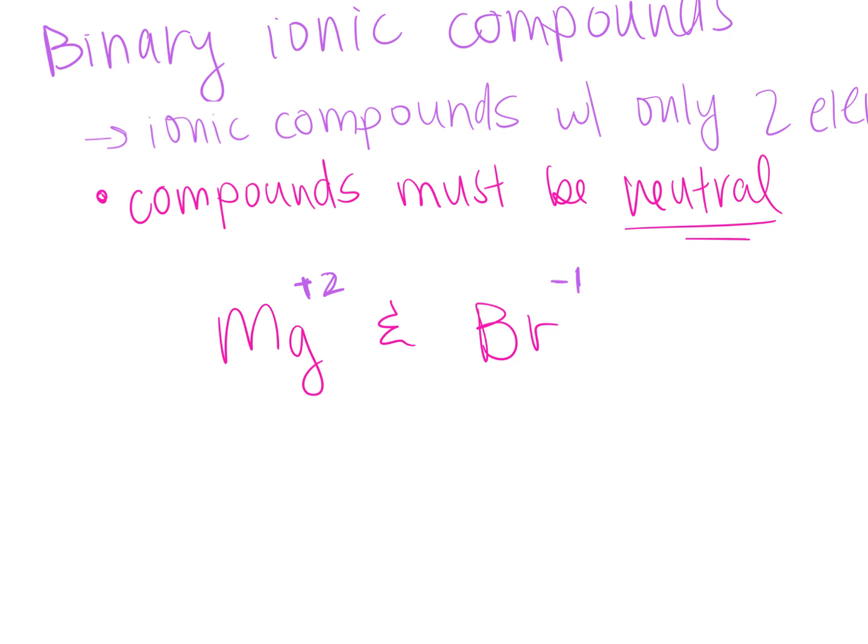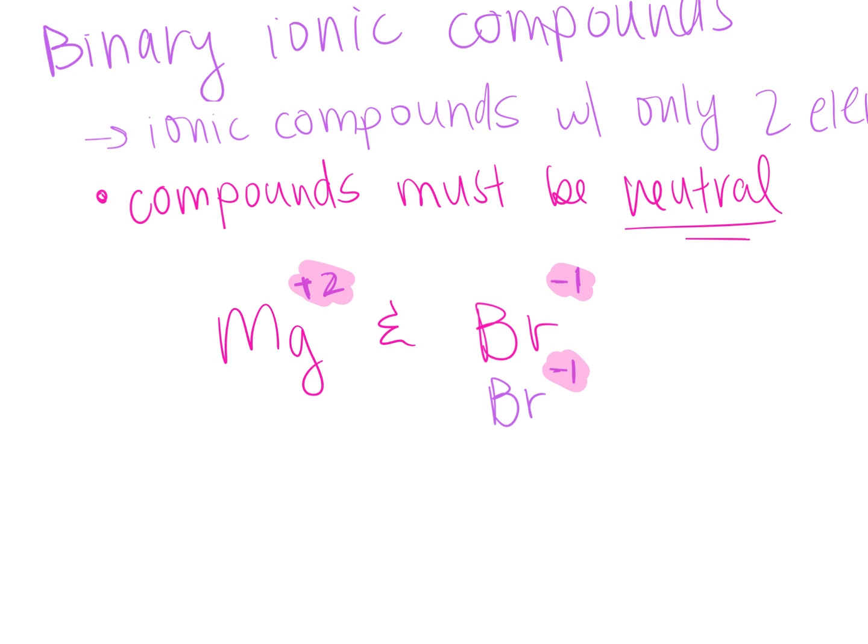And what is the charge for bromine? -1. So if I just fit those together, one magnesium and one bromine, does that give me a neutral charge? No. It doesn't, because +2 and -1 don't make 0, do they? So how can I fix that? Can I just put in half a magnesium atom? No. You put in 2 bromine. I put in another bromine, which has a charge of -1. And so now +2 cancels out the -2.